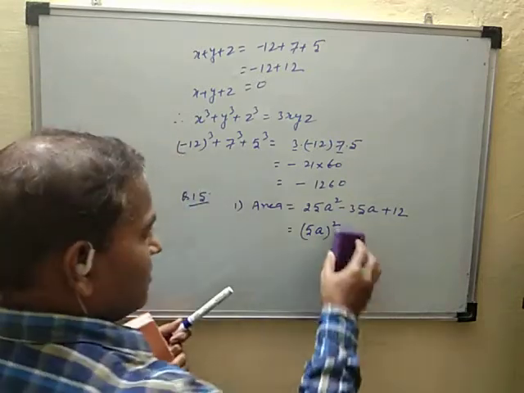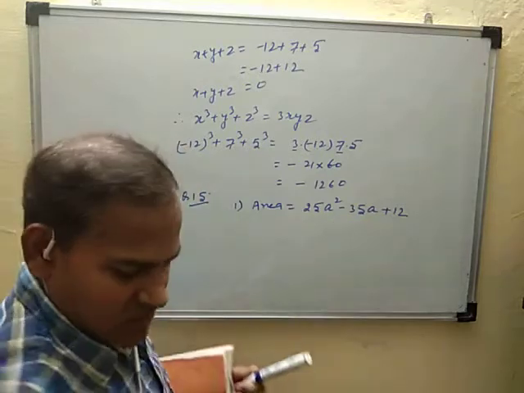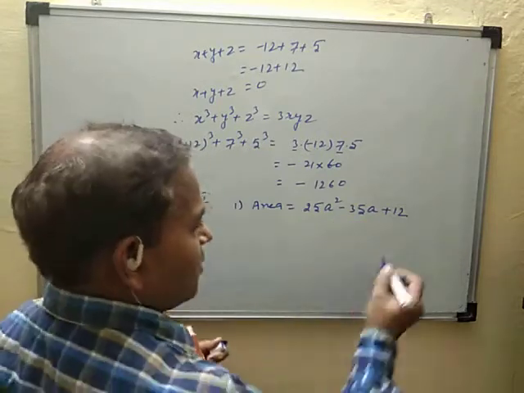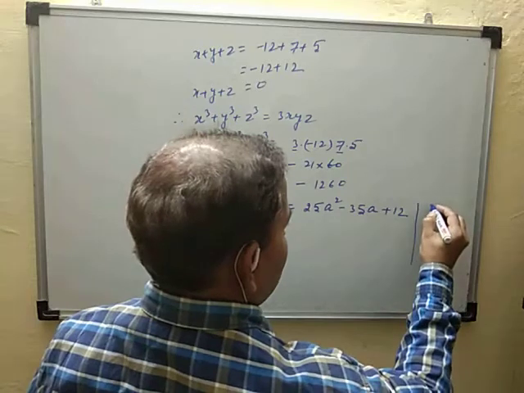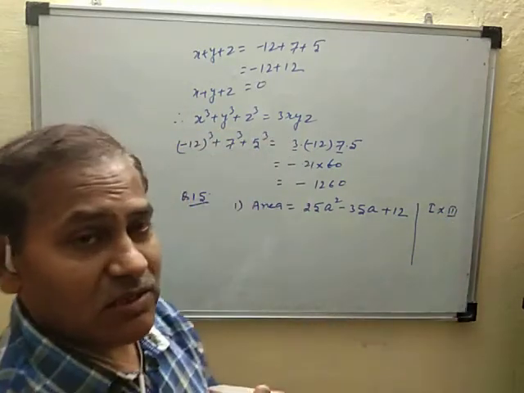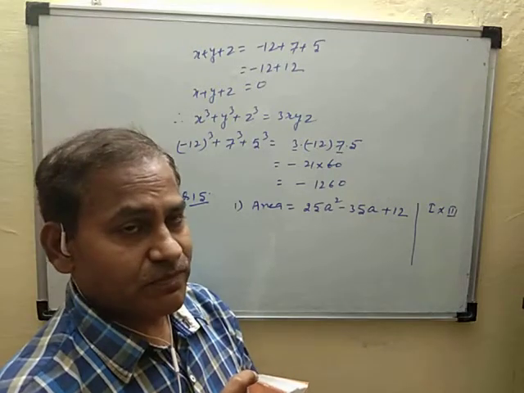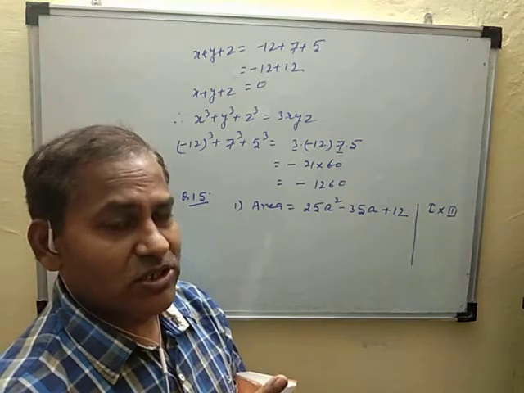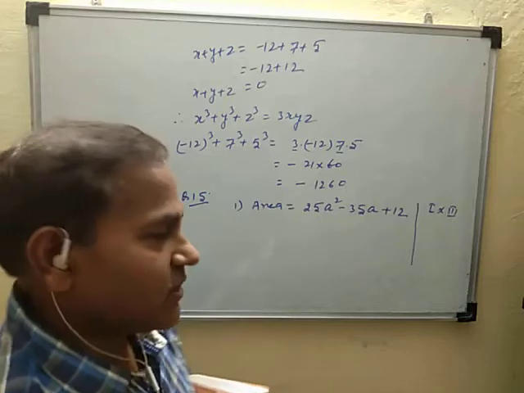For factorization, first check the product of the first and third terms. Here we factorize by splitting the middle term.